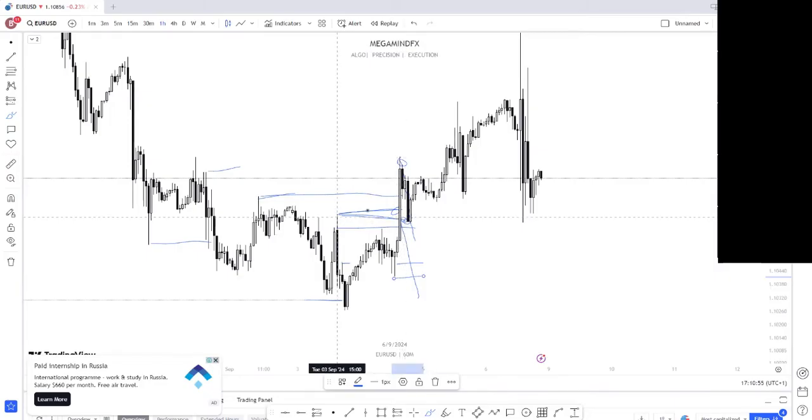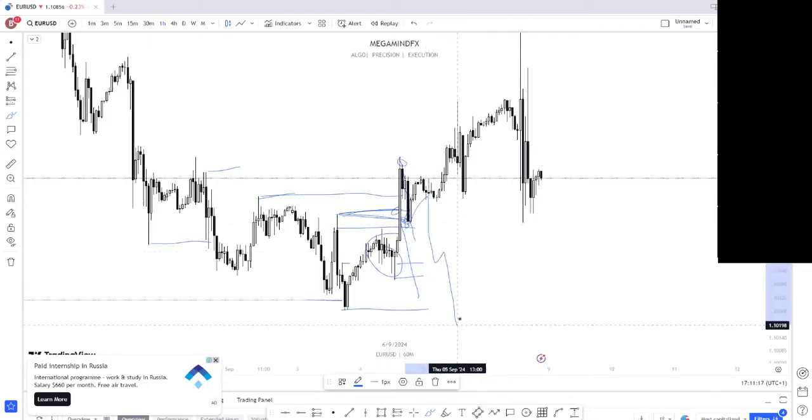So you try buying from here and price decides to fail. If you don't have, let's say, an internal liquidity, just like we didn't have here, I'm not going to be buying again. I'm only going to wait for this transactional liquidity to be taken. If we didn't have this structure here, and I try buying here and price failed, I will just wait for price to do this, then I'll buy.